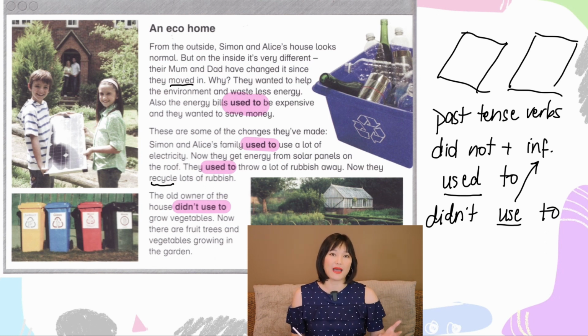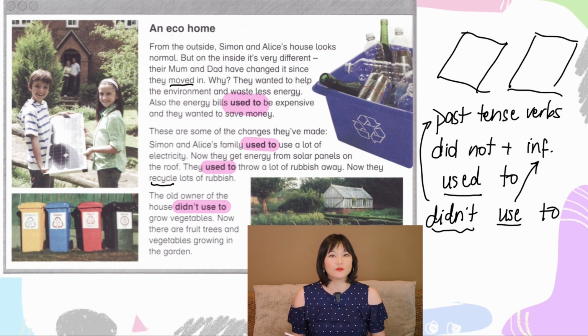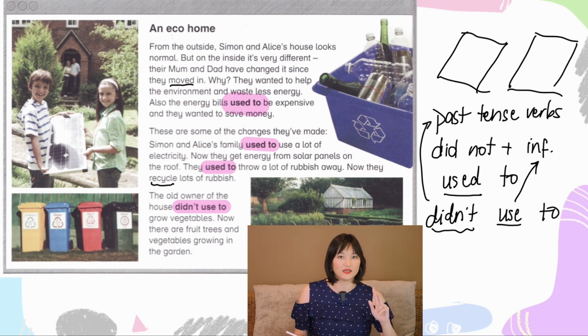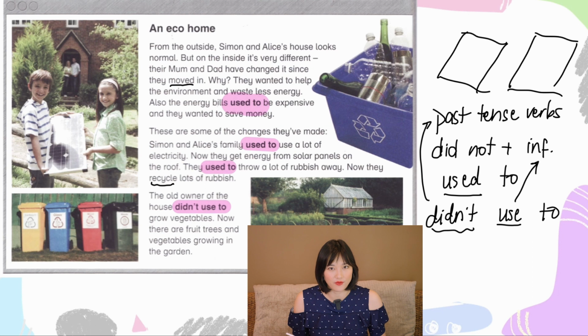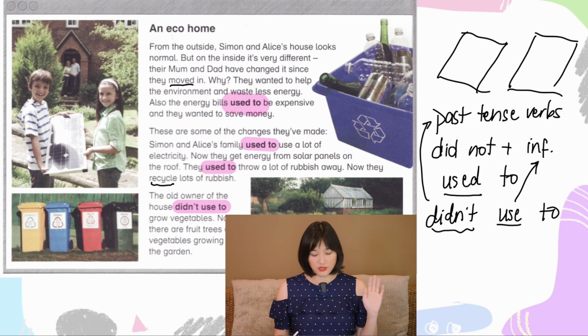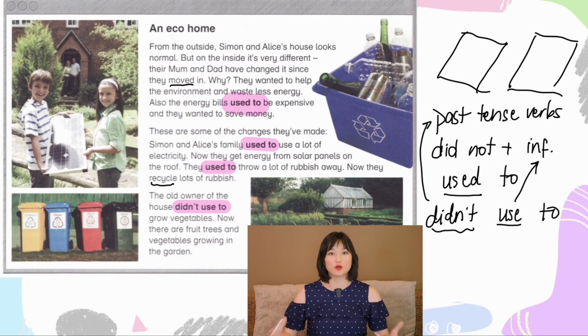We have to change it back to the infinitive verb. Why? Because "didn't" is already the past tense verb for you. Do, did, done. Okay? So you use "didn't," it's already past tense. So you need to use the verb "use" in the infinitive form. So here it says the old owner, okay, they didn't used to grow vegetables. They didn't do it. They didn't grow vegetables.